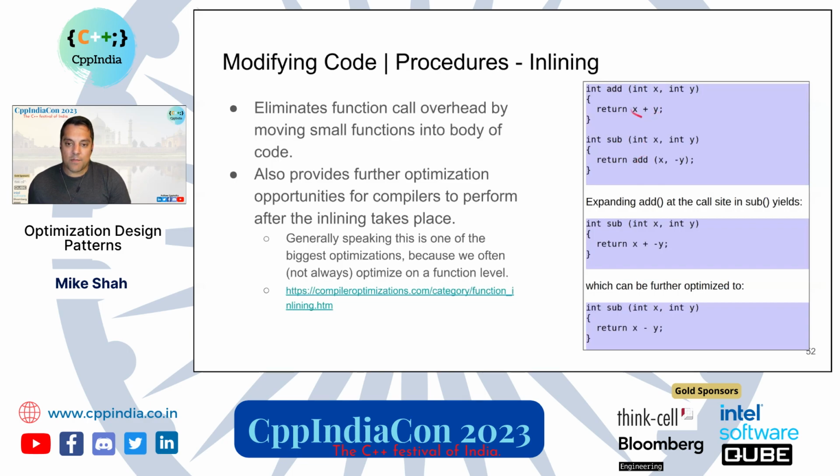So we can actually embed the body of add into subtract, and then we could further optimize it down to ultimately x minus y. Now this is a little bit of a silly example, but what we've effectively done is eliminate a function call.